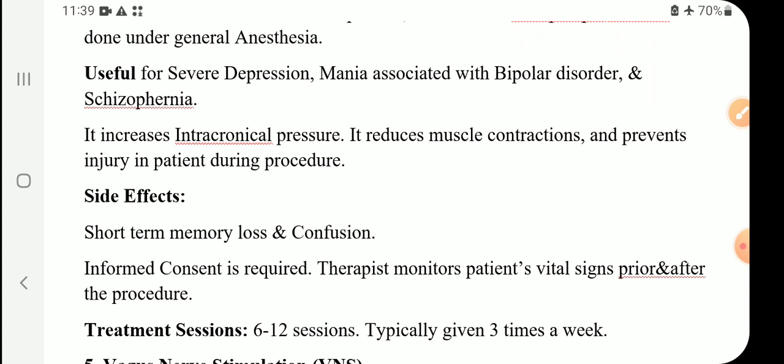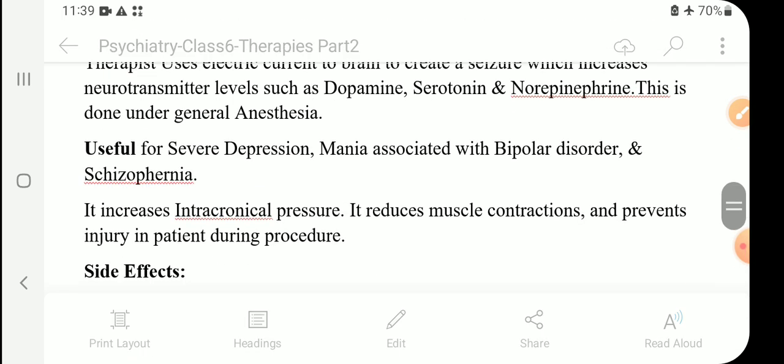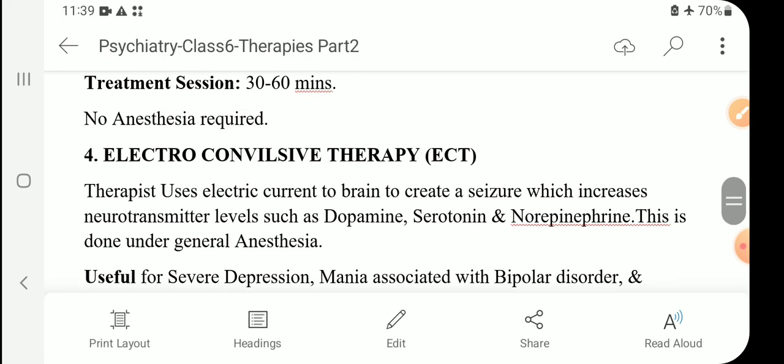So they will take informed consent, and the therapist also monitors the patient's vital signs before and after the treatment. In this treatment, usually 6 to 12 sessions are required, and typically it will be given 3 times a week. So this is about ECT.